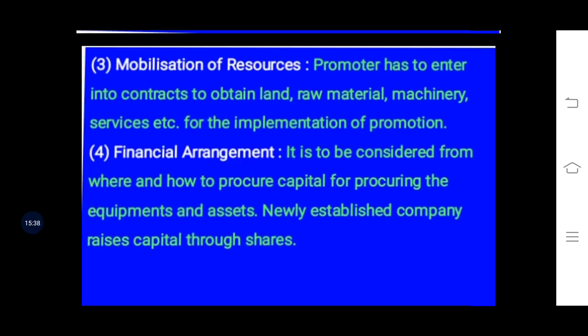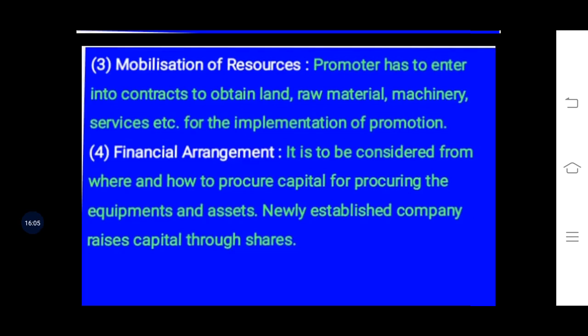So for example, if a company is going to start making a particular product, so for that machineries will be needed. Now the question arises whether they will make the machinery, whether they will buy the machinery from the country or from outer country or foreign.